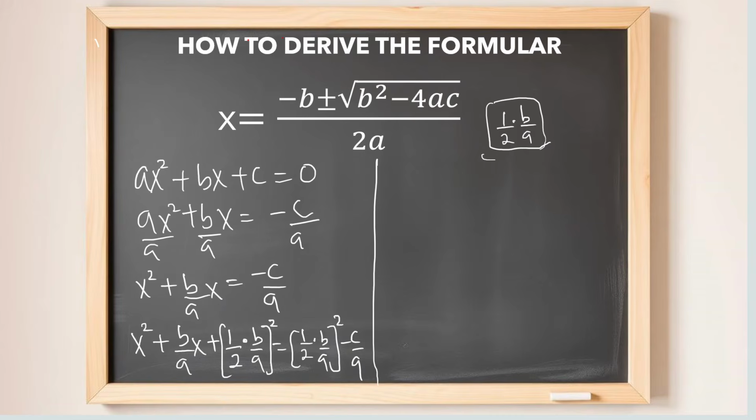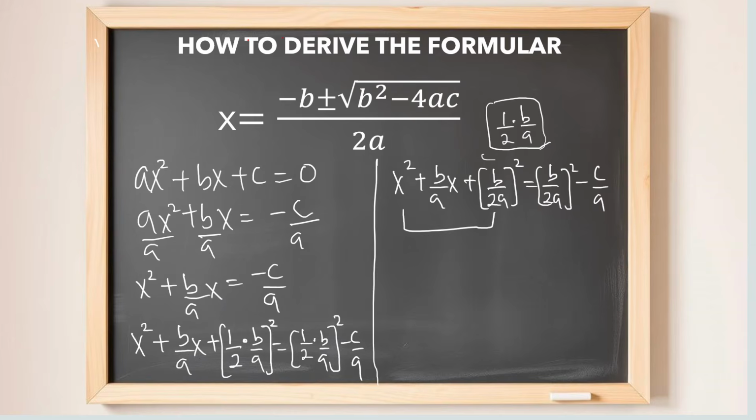Now, looking at the left-hand side, it can be written as x squared plus b over a x plus b over 2a squared equals b over 2a squared minus c over a. Now, simplifying this left-hand side, this can be written as x plus b over 2a all squared.